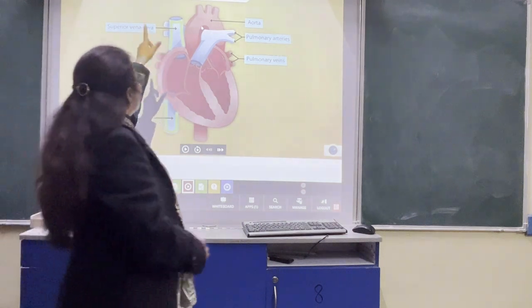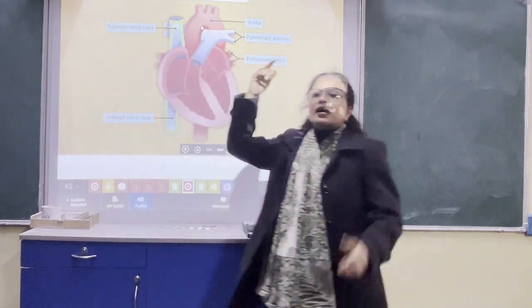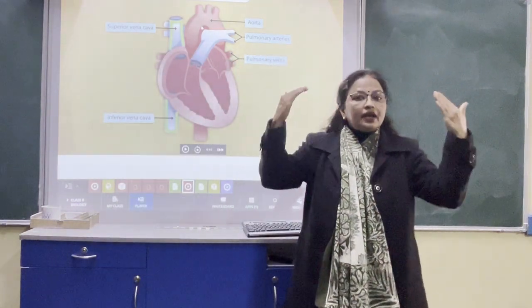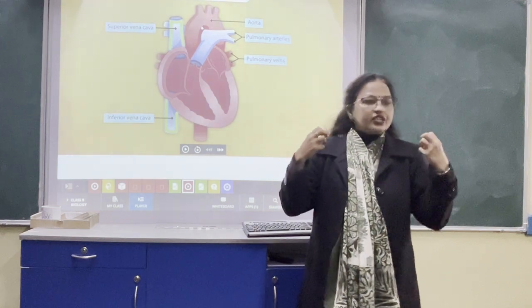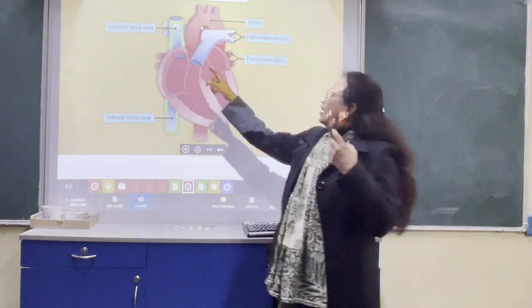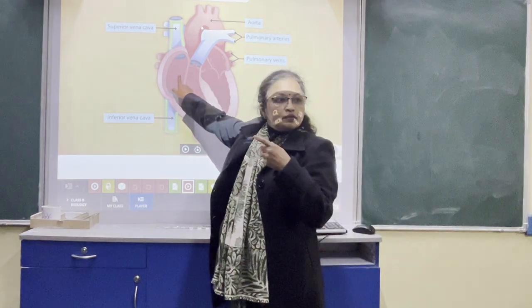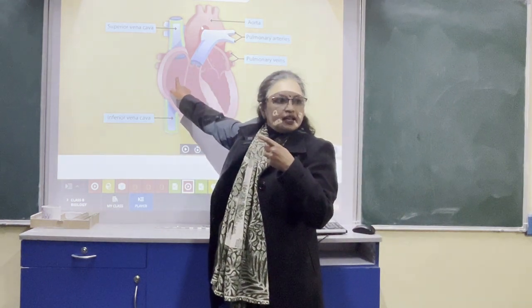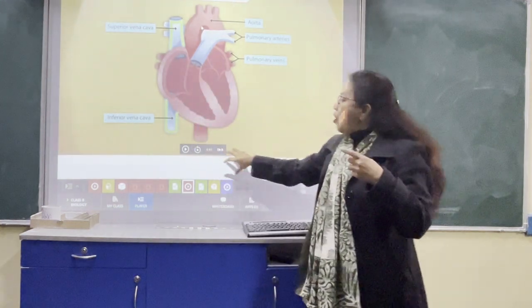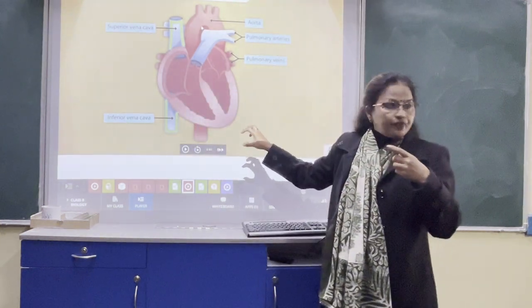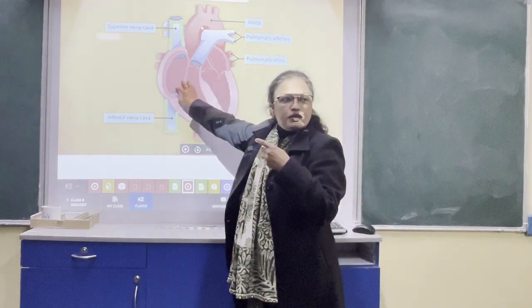Similarly, the superior vena cava collects the blood from the anterior part of our body, that is above the shoulder. From the head region it is taking and it is opening into our right auricle. So here deoxygenated blood is brought from all the parts of our body into the right auricle.